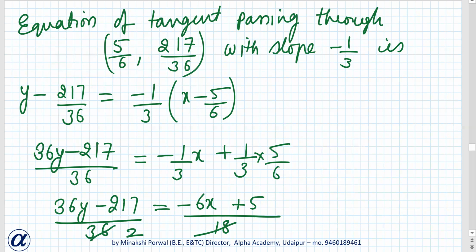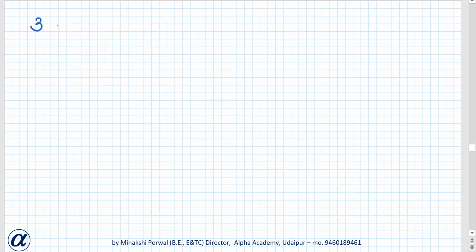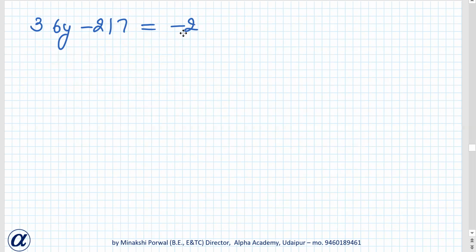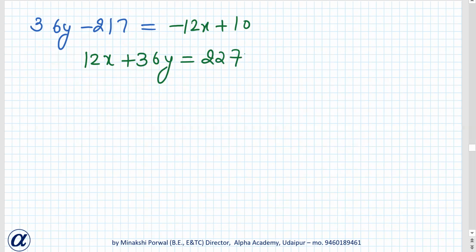So it will be 36y minus 217 equals minus of, okay, this is equal to minus 6x. So minus of 12x plus 10, or 12x plus 36y equals 227. This will be the answer.